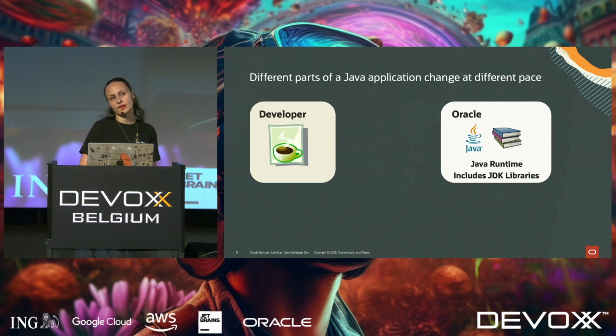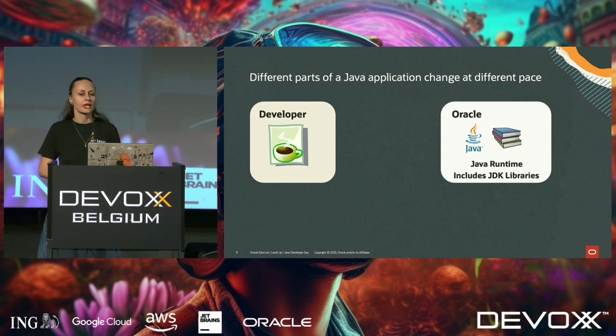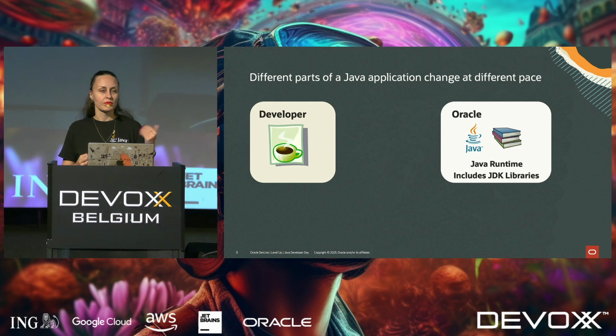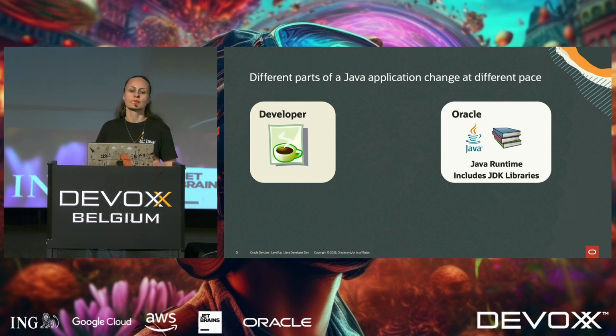So you can rely on the fact that the JDK is going to change on a quarterly or half-a-year basis, depending on update or feature release. But your developer code depends on those third-party libraries or frameworks. Those can only be updated when a new version of a framework or library is released. Now, the Java runtime, on the other hand, you know when it's coming to you.